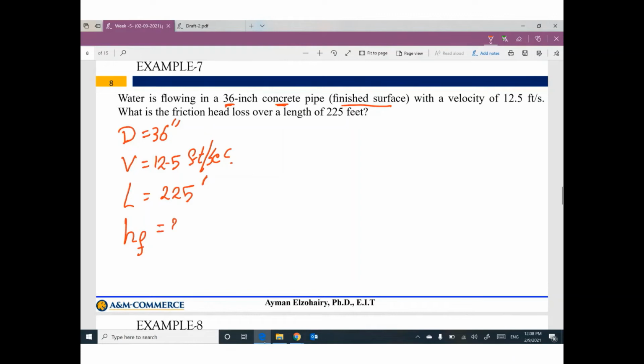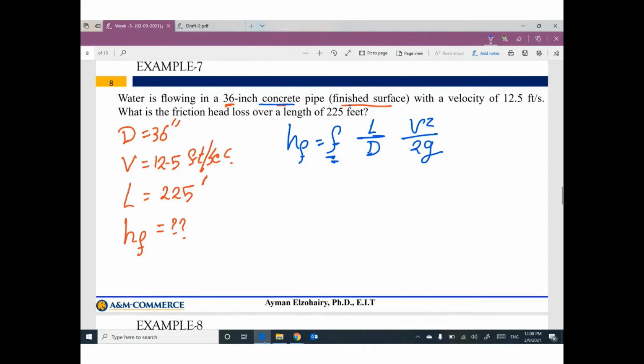What is the HF? Okay, HF based on Darcy equation equals F L divided by D, V squared divided by 2G. I believe everything is known except F. Okay, what is the type of material?